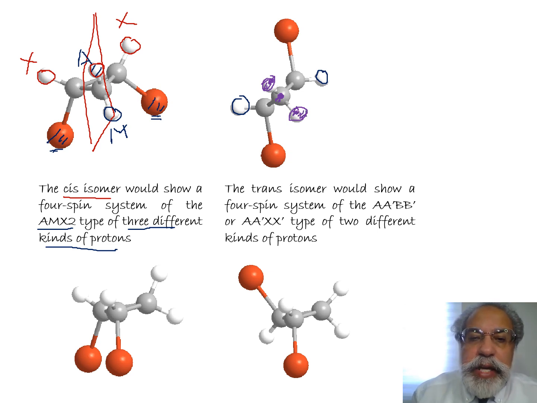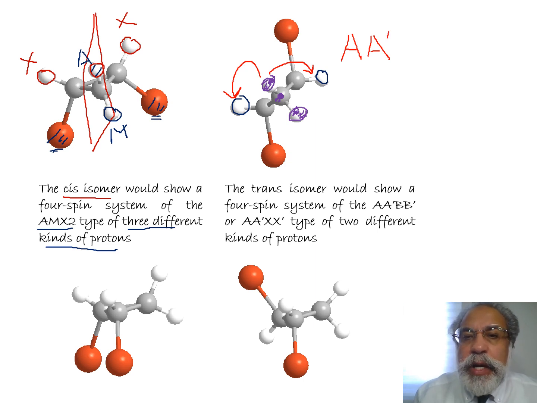So if you have A, you have B, or a chemical shift far away from each other, then you will have A and X. But this hydrogen is coupled to that one trans, and coupled to that one cis. So the system is chemically equivalent but magnetically non-equivalent.